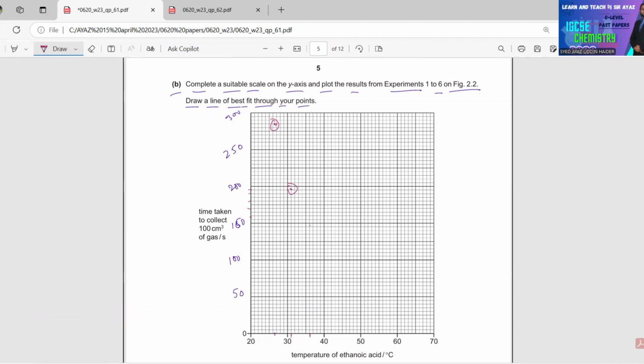It must be here. Next one, 42. 1, 2, 42. And the seconds, 110. So 110 means straight away. Yes, this must be the spot.